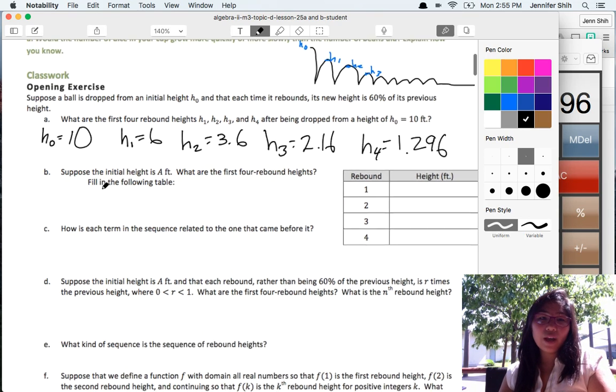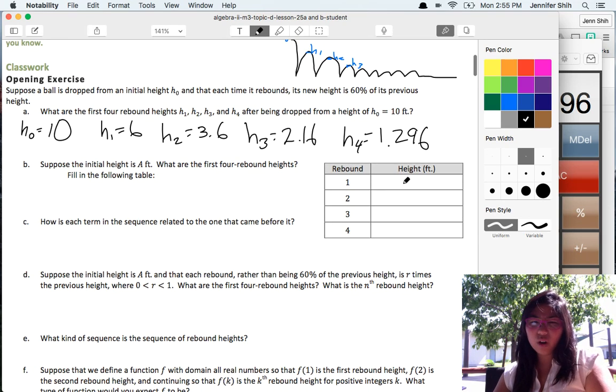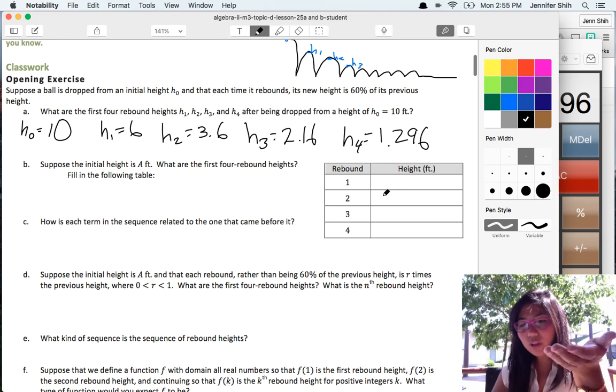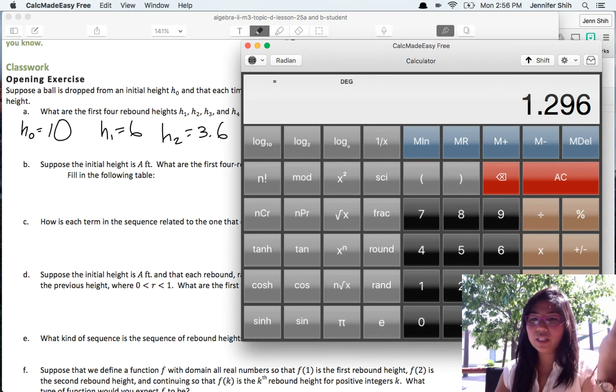Suppose the initial height is A feet, instead of 10. What are the first 4 rebound heights? Well, what did we just do in our calculator? We did 0.6 times 10, and then we did 0.6 of that. So 0.6 times 0.6 is 0.36.